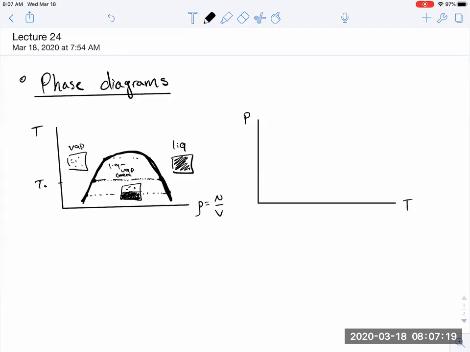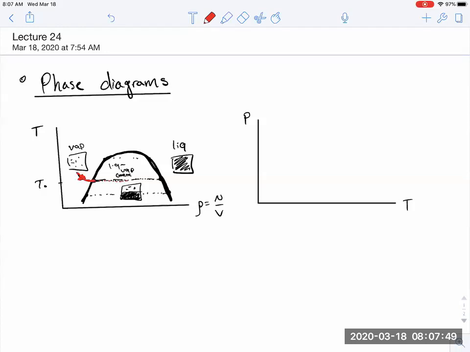Now, each one of these lines could be constructed from an experiment by which I actually took a vapor and compressed or cooled it down at fixed pressure. As I cooled it down at fixed pressure, I would see the vapor spontaneously condense. So let's draw that path in another color. So I cool the system down at a fixed pressure.